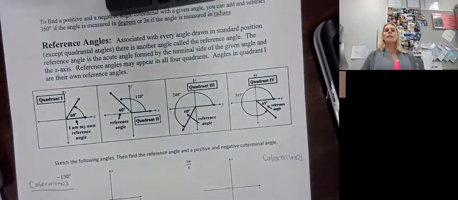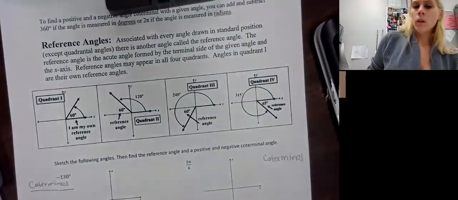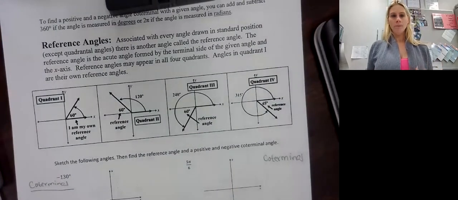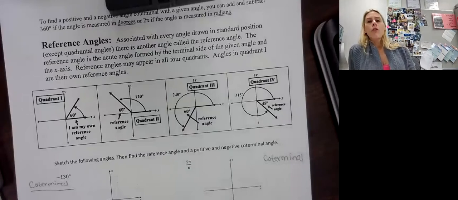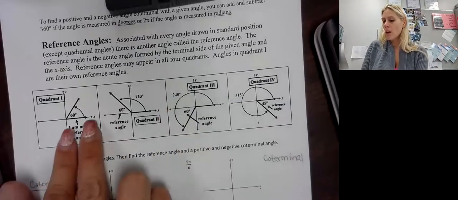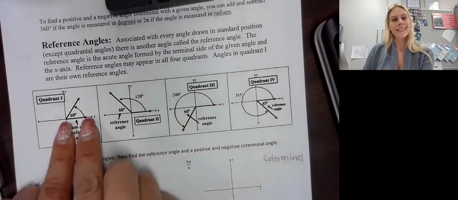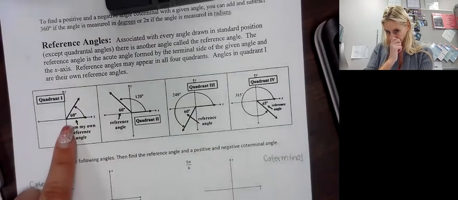Reference angle. Associated with every angle drawn in standard position, there's another angle called a reference angle. The reference angle is the acute angle formed with the terminal side and the x-axis. Okay, so these give you position right here. So see how this is 60 degrees.